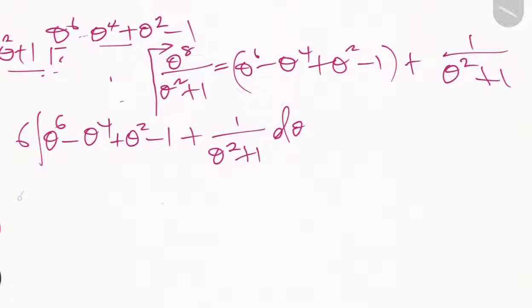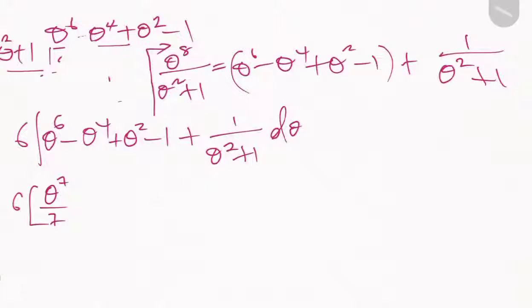If you integrate theta raised to power 6, you have theta raised to power 7 over 7. To integrate theta raised to power 4, we have theta raised to power 5 over 5, plus integrate theta raised to power 2, you have theta raised to power 3 over 3, then minus, if you integrate 1, you just have theta, plus, now if you integrate 1 over theta raised to the power 2 plus 1.